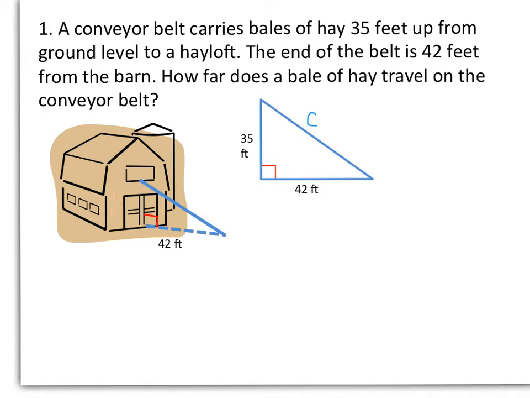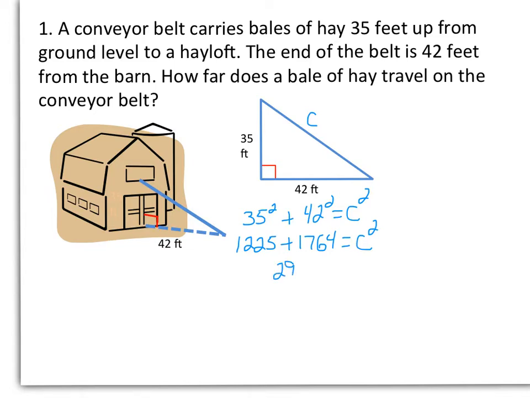So using the Pythagorean theorem, you can say 35 squared plus 42 squared equals C squared. So 1,225 plus 1,764 equals C squared. So remember, square your legs and then we can add them together.